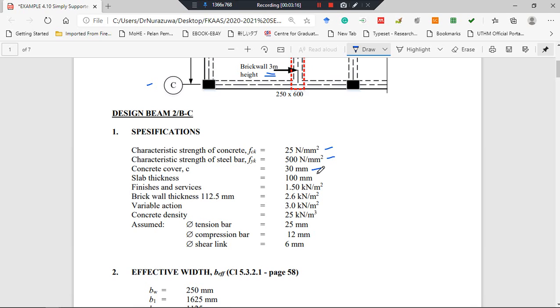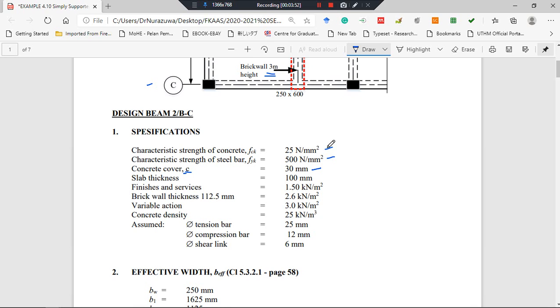If not given, you need to identify or determine the cover from the Eurocode, based on the nominal cover from the fire resistance table 4.1, Eurocode 1992 part 1-2. You can determine this nominal cover from Eurocode 1992 part 1-2.